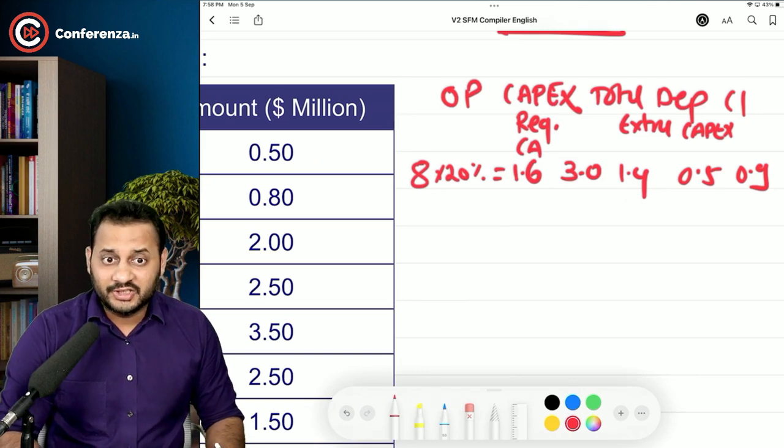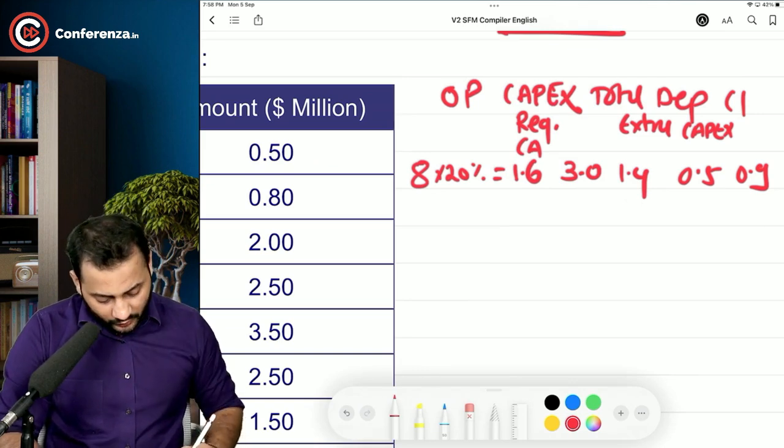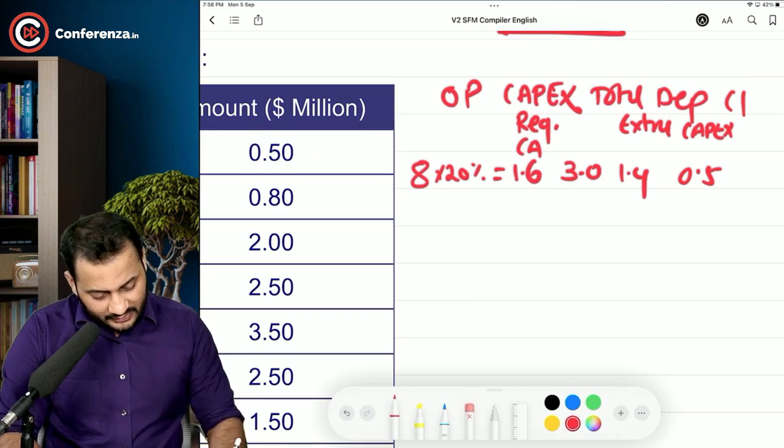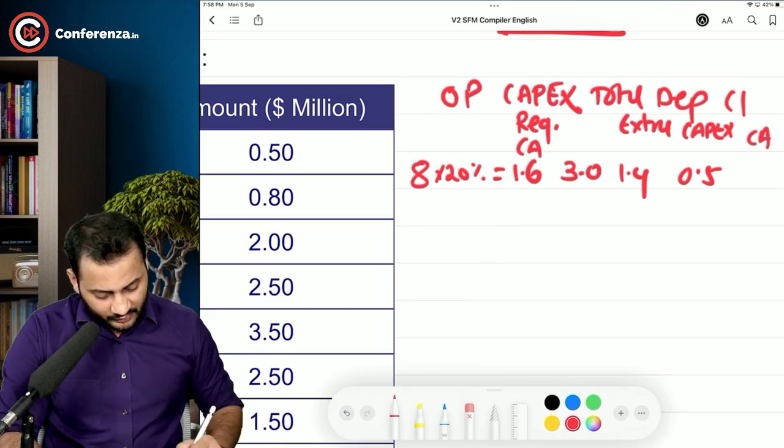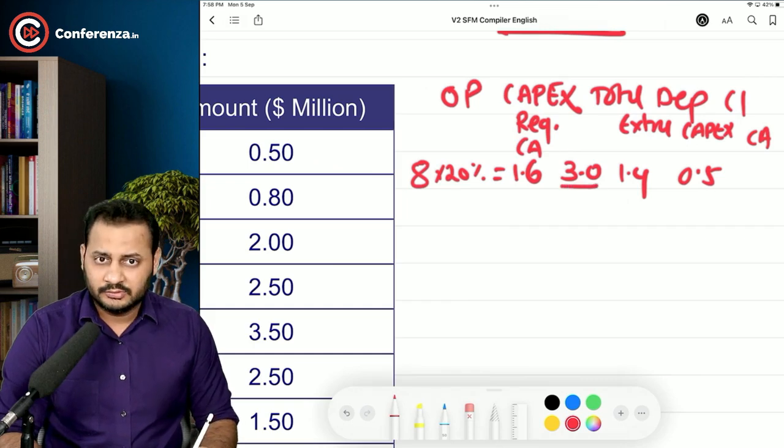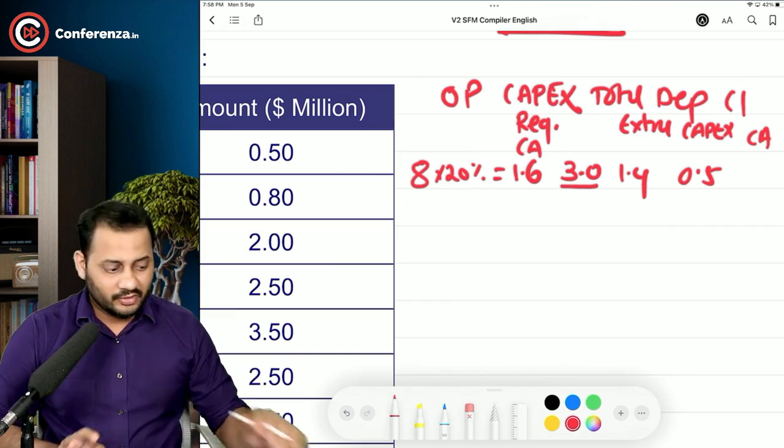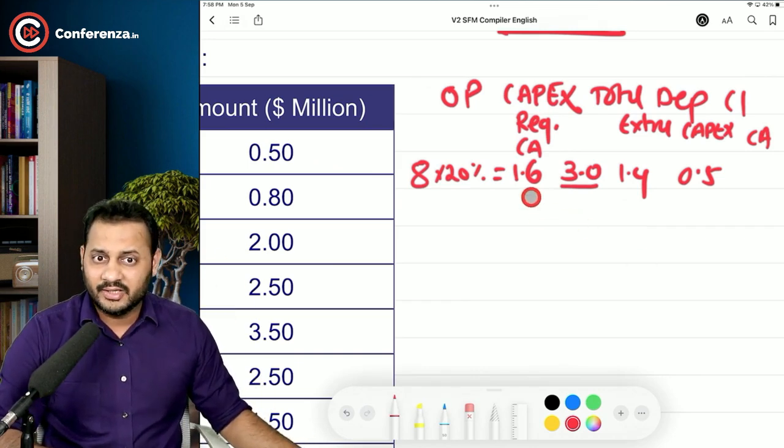True? Extra balance of 0.9, or we can say the closing balance of current asset here will be very simple. We have 3 million in the balance. Nothing is required for the current assets because the current asset requirement is below what is right now.